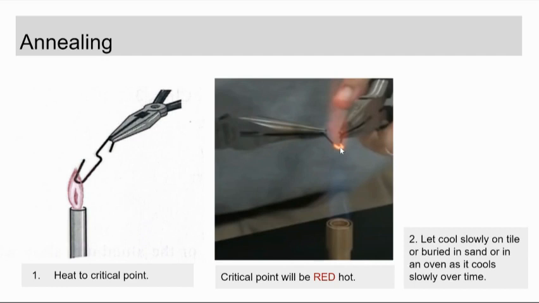And then we're going to let it slowly cool either on a heat resistant tile, or buried in sand if we want it to cool even more slowly, or in an oven if we turn the oven off and we want it to just cool in a very slow and extremely gradual manner. And the rate at which we have it cool will determine the size of the grains, how large we can make those grains.